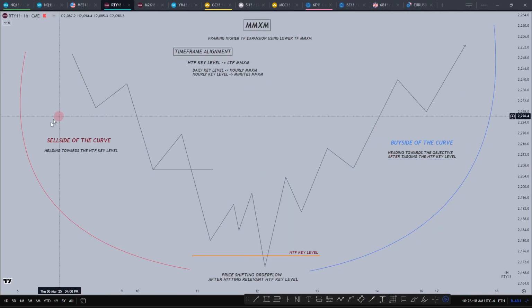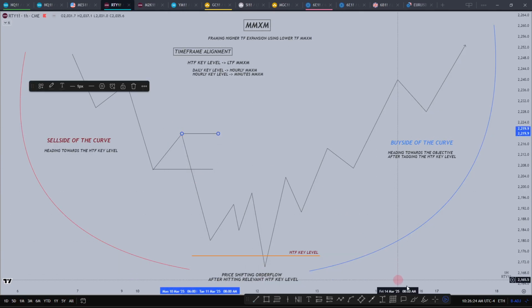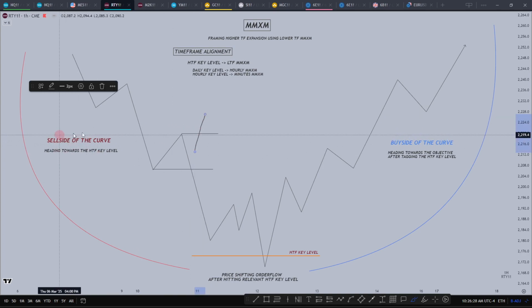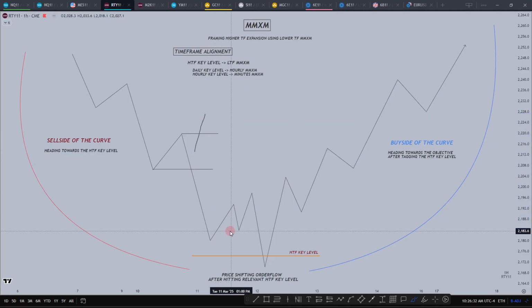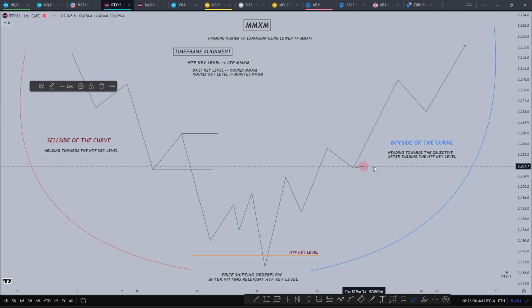If price is in the sell side of the curve, you frame every high to the objective. Price sweeps a high, you know you are in the sell side of the curve, you then frame it lower. If price is in the buy side of the curve, you frame every low price reaches higher.